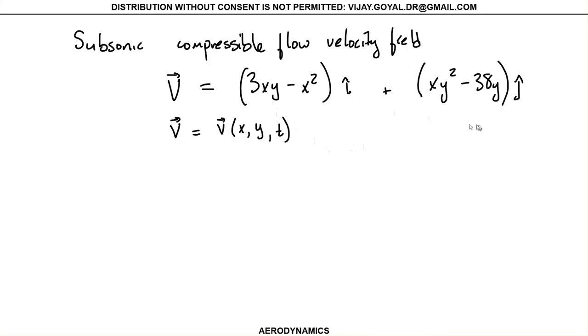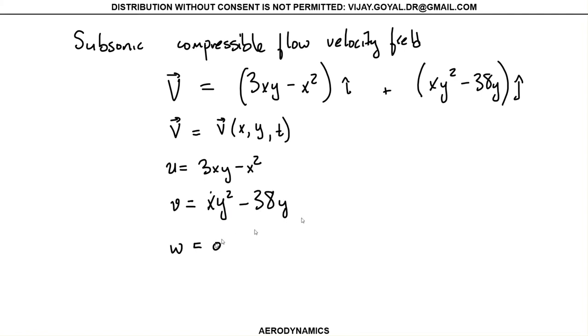Now, from the problem itself, we can immediately see that your u is equal to, I'm sorry, your u is equal to 3xy minus x squared. That is this term right here. Your v will be the term next to the j, that would be xy squared minus 38y. Your w in the problem is equal to 0 because I don't have a k.